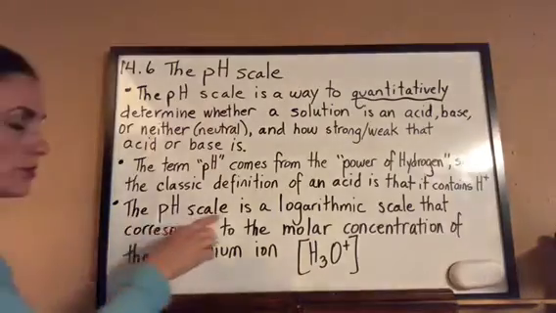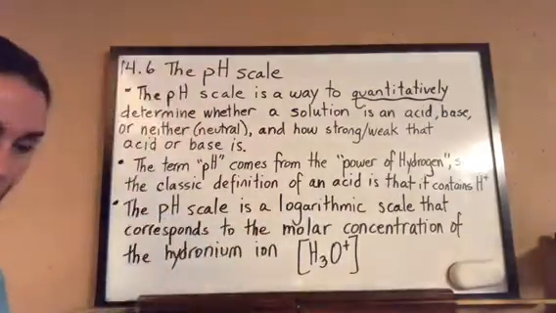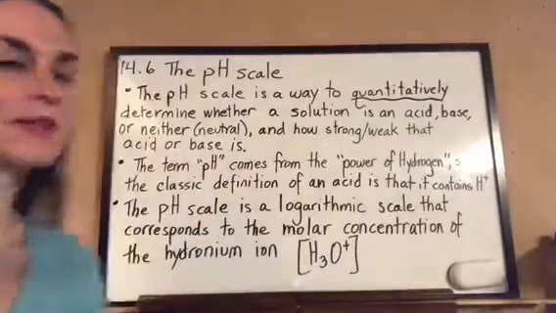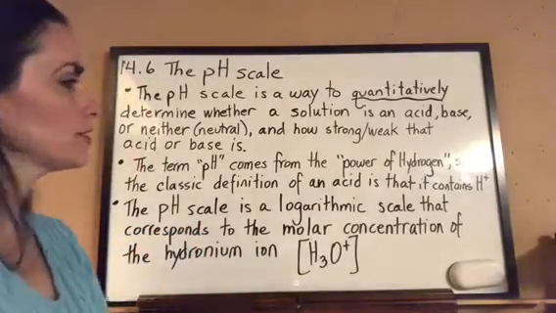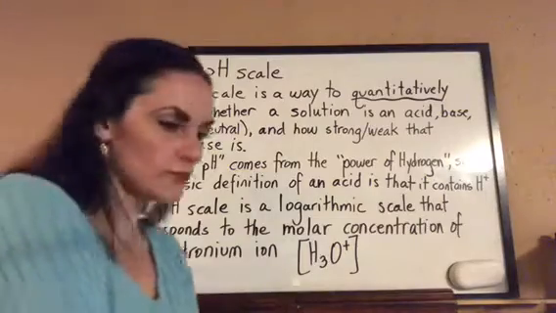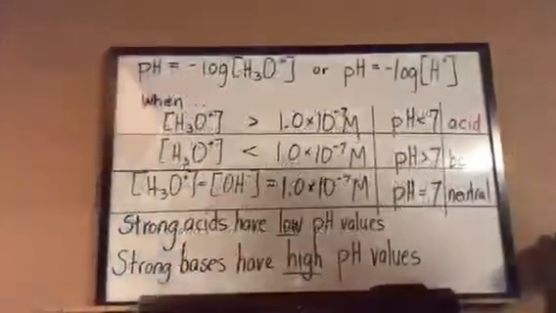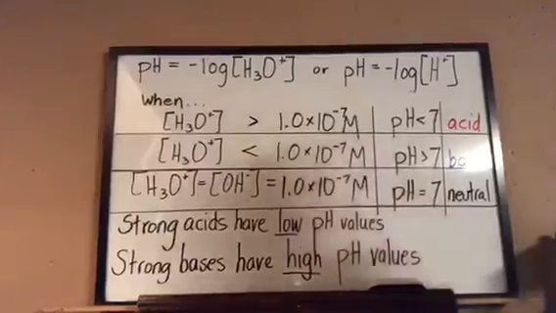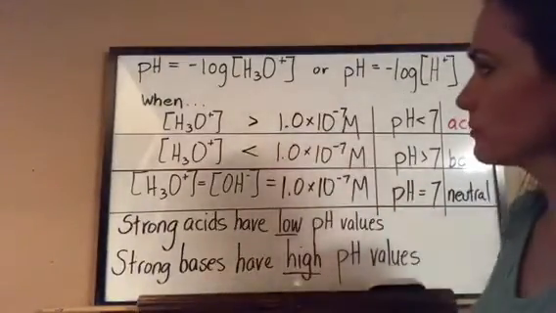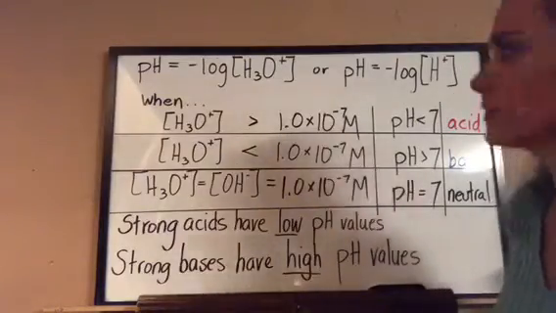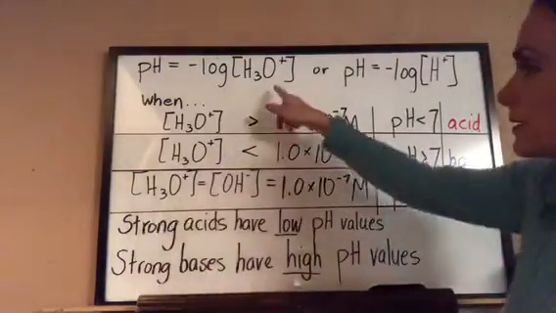So we are going to use logarithms, our calculators, to do it. And that is how we're going to determine the pH of a solution. So how do we calculate pH? To calculate the pH, we take the negative logarithm of the hydronium ion concentration.